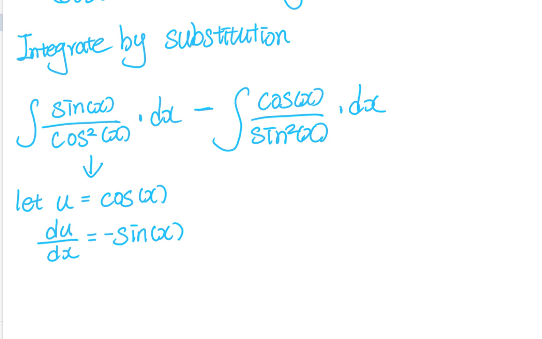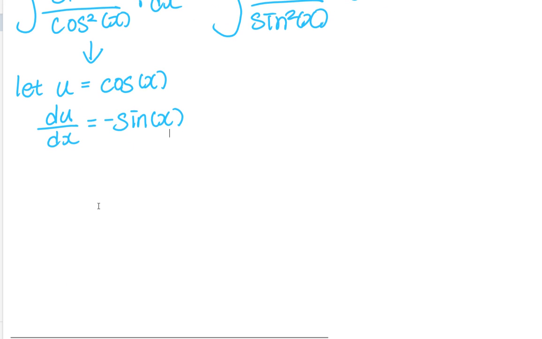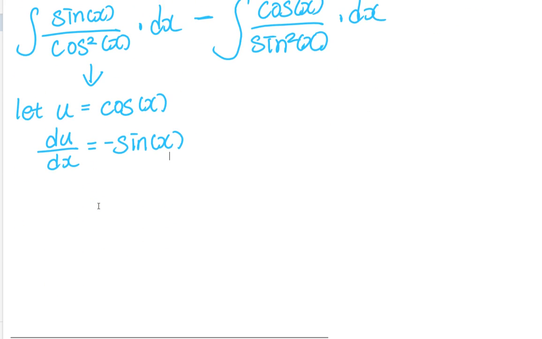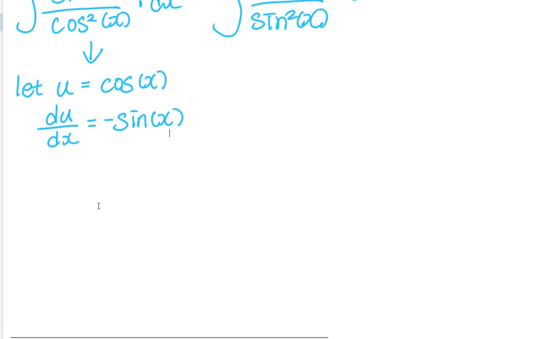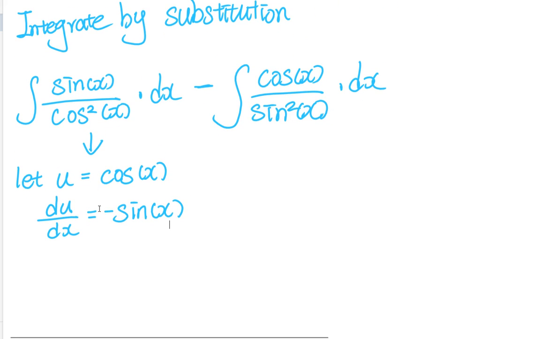We are just differentiating cos x with respect to x. Right, now the next step is quite interesting. When I first learned this particular method from my teacher, I was like, you can do that? But obviously there is a mathematical concept behind it that allows you to do something like this.